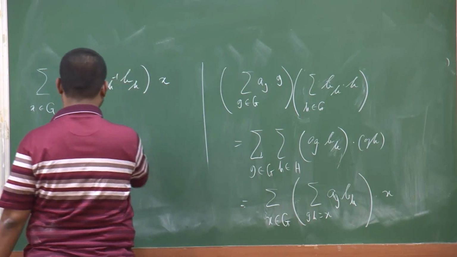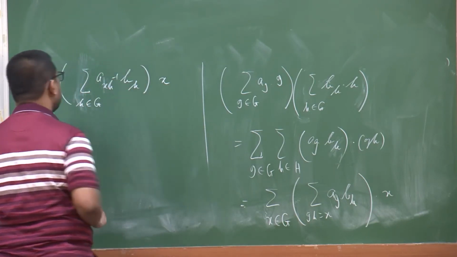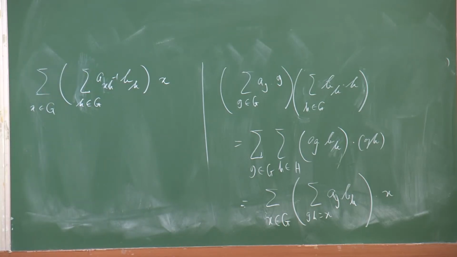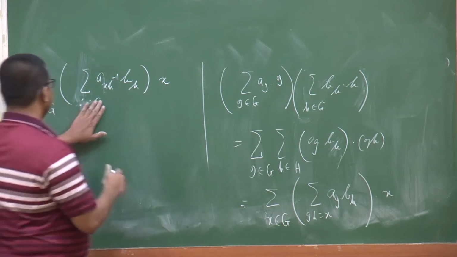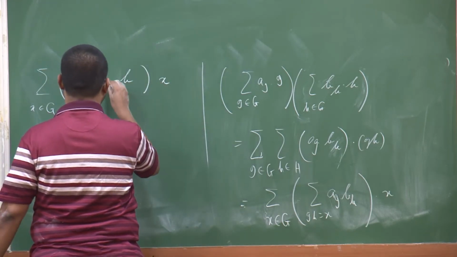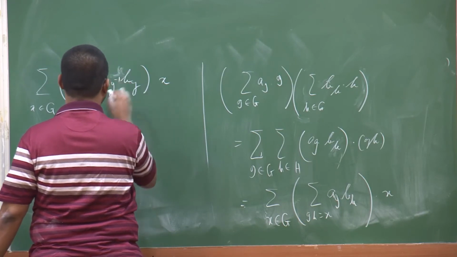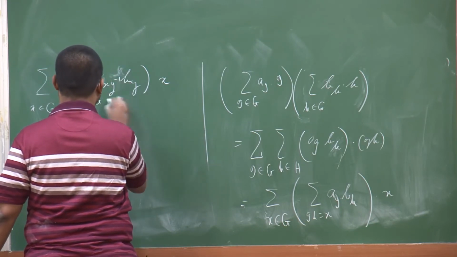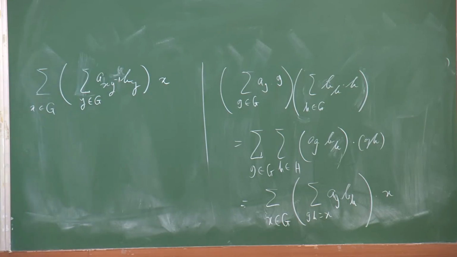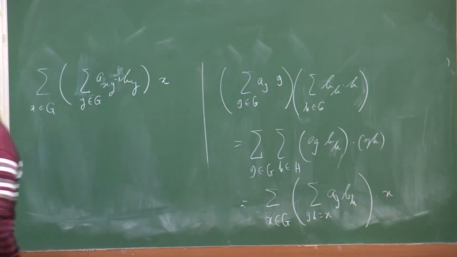So now we have only one sum, over H in G, or maybe I should change the variables to x and y: the sum over y in G of a_{x y inverse} b_y. So that's how the product of two elements here is defined.